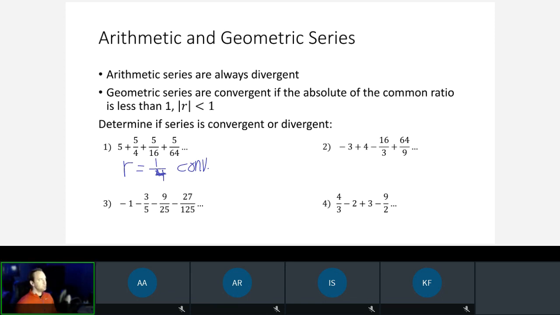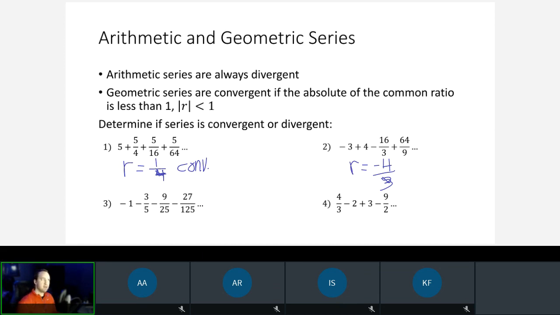So number 2 is geometric. And what is the common ratio for number 2? -4/3. That looks correct. -4/3. -3 times -4/3 is +4. +4 times -4/3 is -16/3, and so forth.